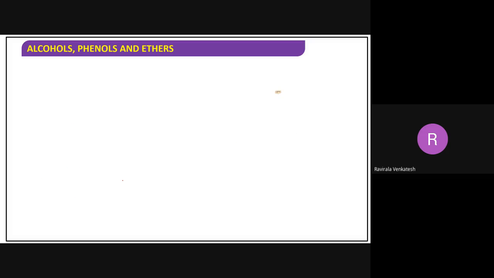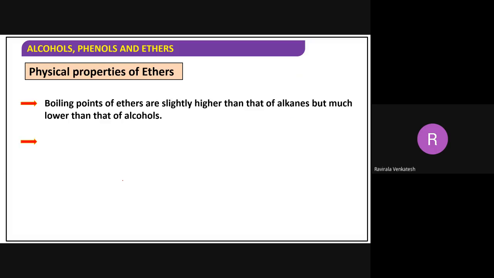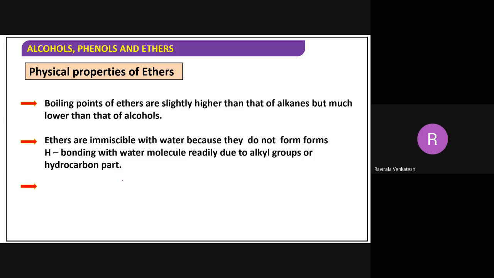Now let me see the physical properties here. When you observe the boiling points of ethers, they are slightly higher than those of alkanes, but much lower than those of alcohols. What is the reason, if you observe?